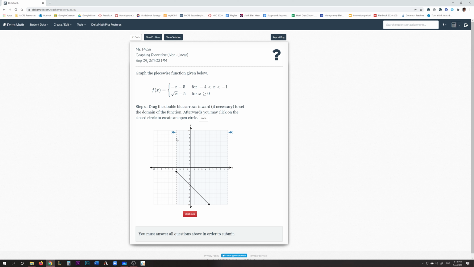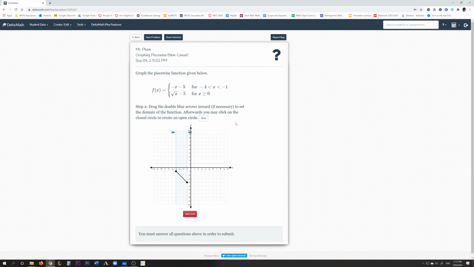So we don't even need to do a table value for this assignment. We still could. We can plug in -4 in here, which would get us 4 minus 5, which is -1. But we can simply just drag this. Nice. So from -4 to -1 is our restricted domain for this linear function.